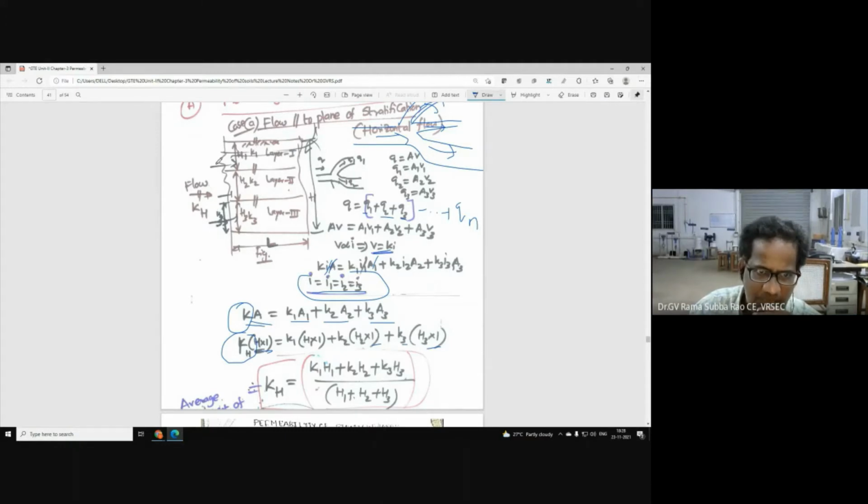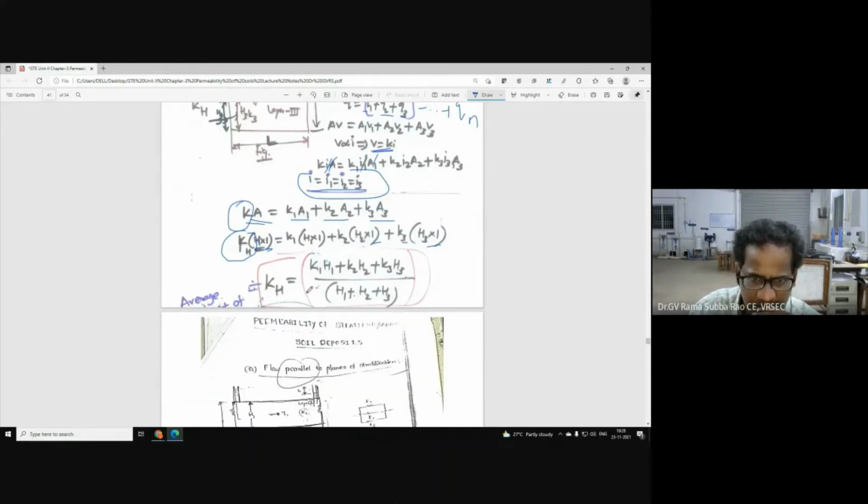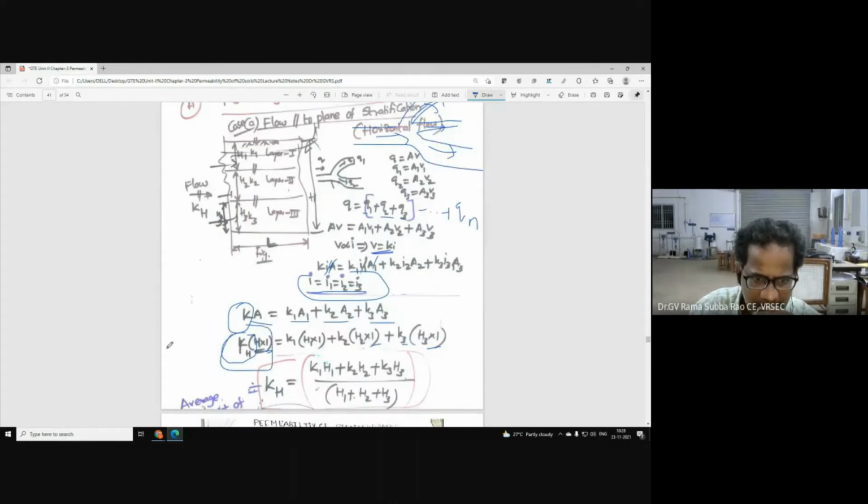This deposit has three layers, and you can go up to n layers. So KH, the permeability of the stratified soil in the horizontal direction, is a weighted average: K1 H1 plus K2 H2 plus K3 H3 divided by H1 plus H2 plus H3. This is the total thickness.